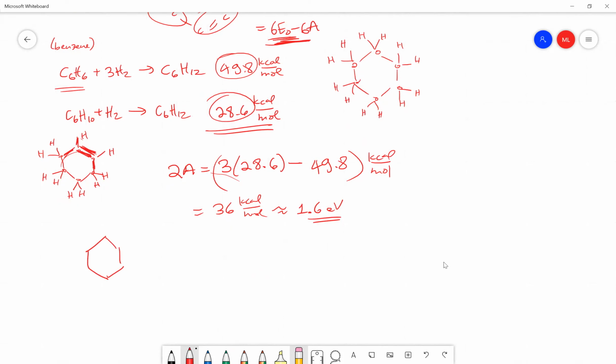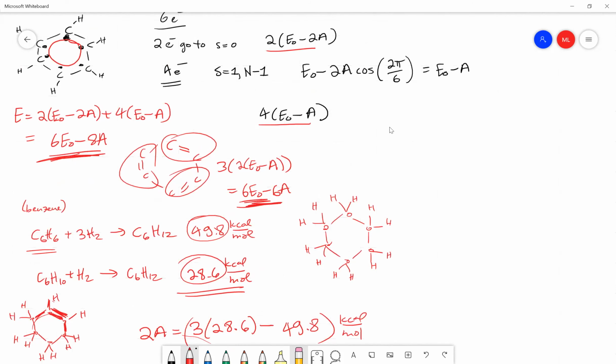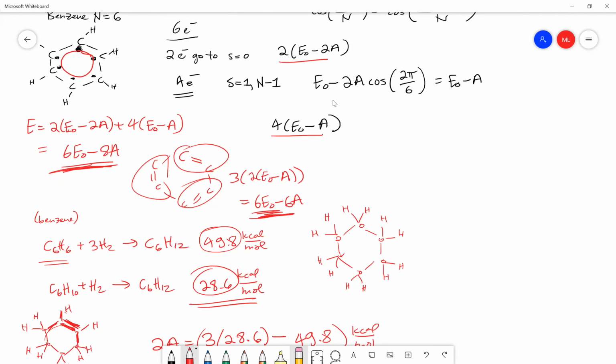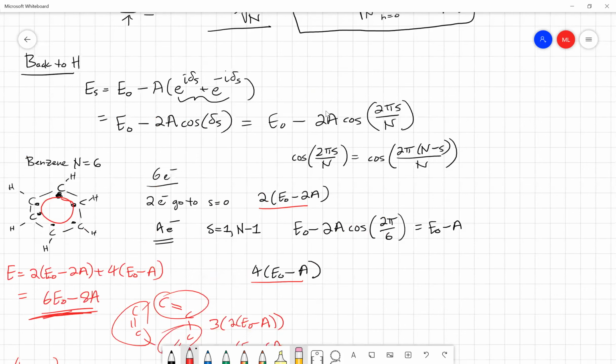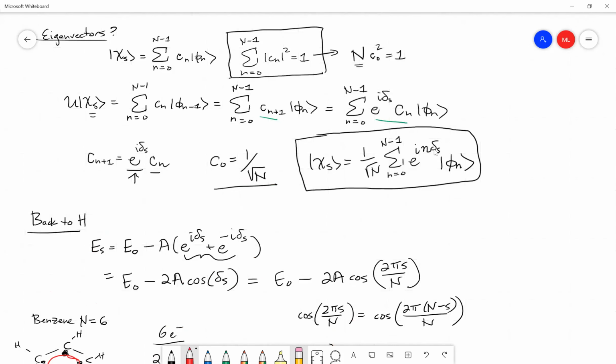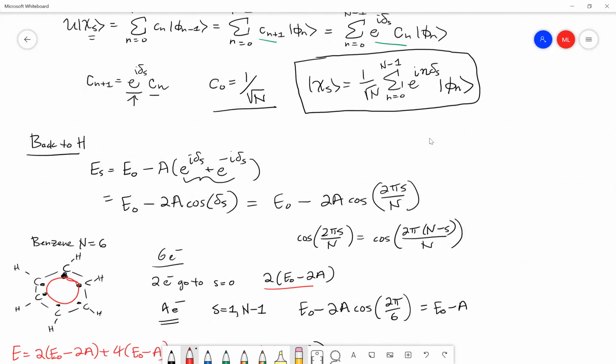We can see that in the simple toy model. You can calculate the eigenstates, say of the ground state. It's a symmetric combination of all the 6. We know what it is: the delta equals 0 state is a symmetric combination of all the bound states at each carbon center. It's completely delocalized around the whole ring.